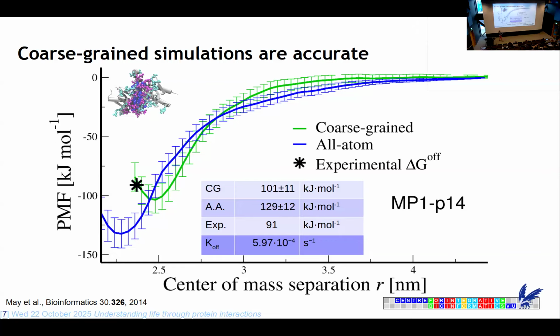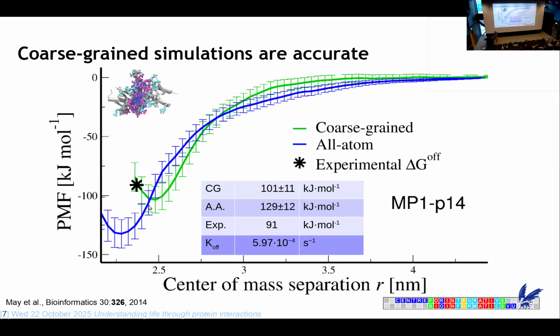binding. And what we did here is we did this with two force fields: a very detailed atomistic force field, which is very expensive, and a coarse-grained force field that's way simpler, about 1,000 times faster to simulate. And of course, in the profile that you get, the depth of this valley with respect to the long distance when they're not interacting, that's your binding affinity.